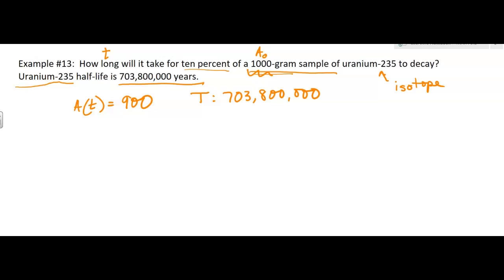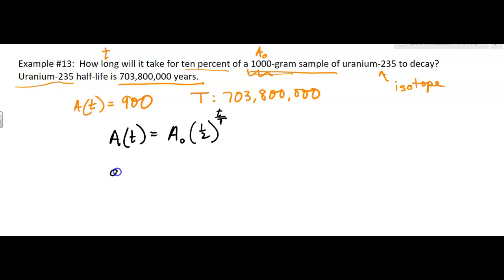So let's find the formula. A of t equals A naught times 1/2 to the power of little t over big T. They show you a little bit in the book where that formula comes from, but we'll just use the formula that they give us.